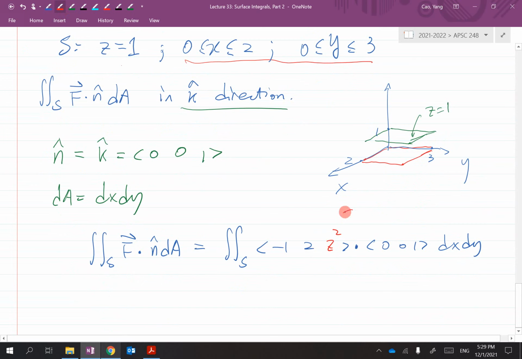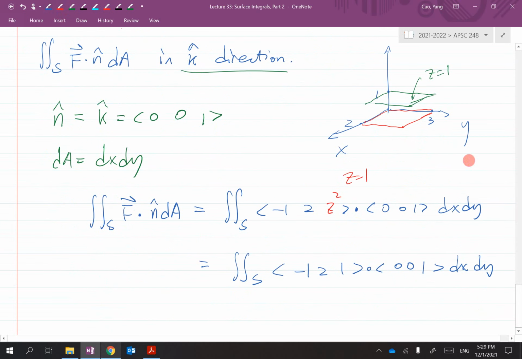So z should be 1 in this case. You replace that. So negative 1, 2, 1 dot 0, 0, 1 dx dy. That gives me still a constant value, so you end up with just 1 and dx dy.